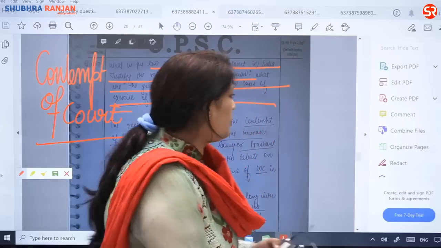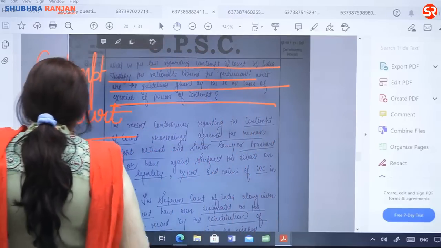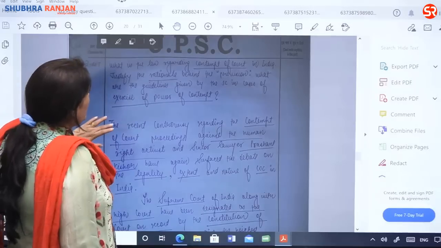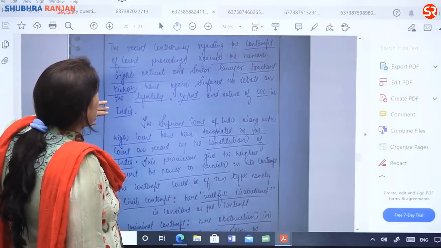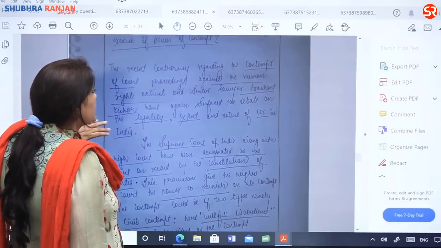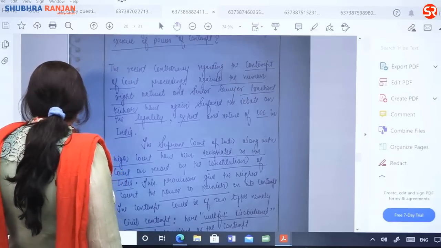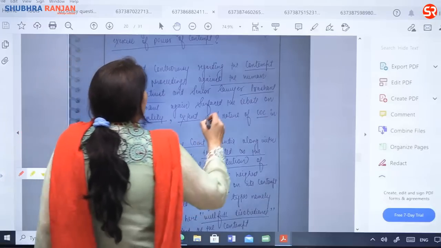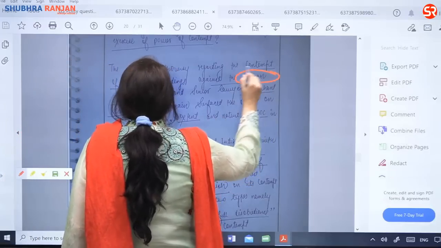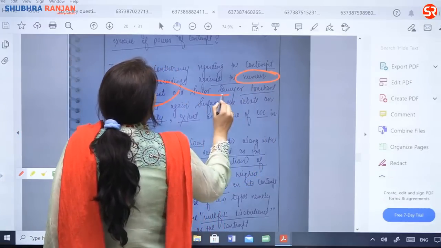Fine. So now let us see how the person has written this answer. The recent controversy regarding the contempt of court proceedings against the human rights activist and the senior lawyer Prashant Bhushan. There is no need to qualify him as human rights activist and senior lawyer.